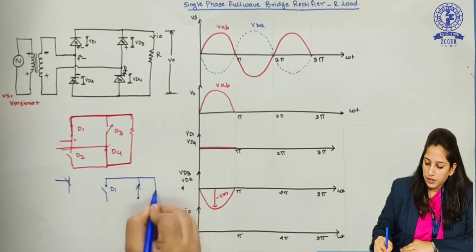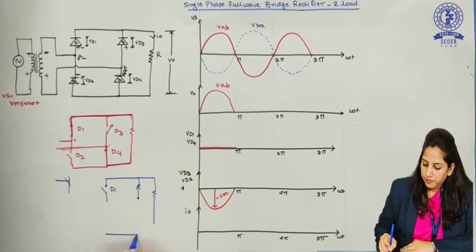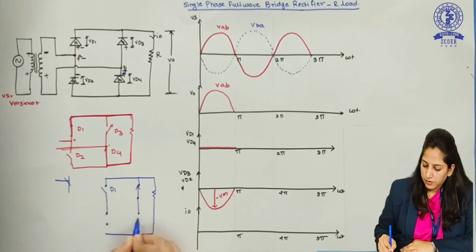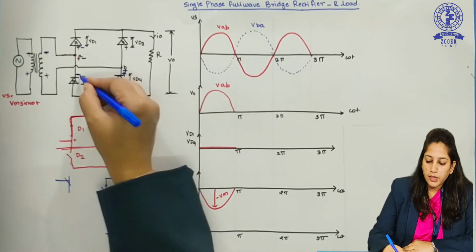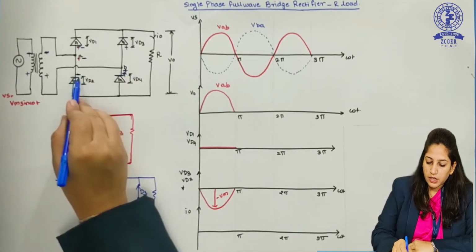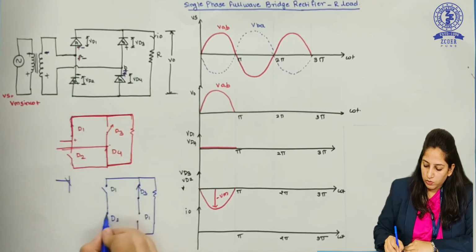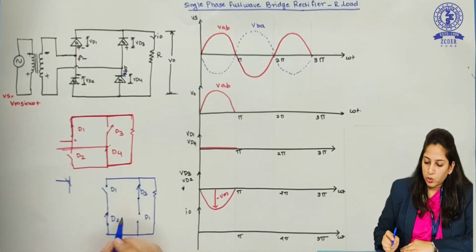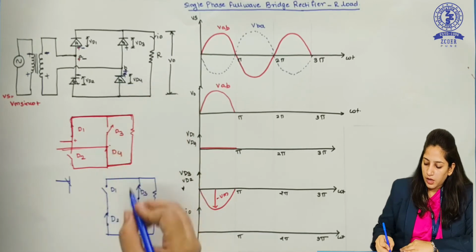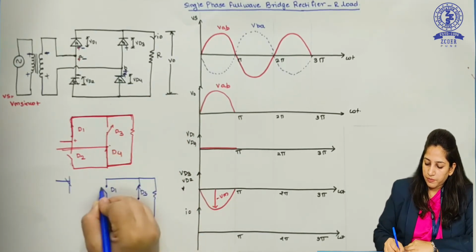From here the resistance is given. D2 is forward biased, with the negative terminal here and more positive here, so D2 will be conducting, acting like a closed switch. And D4 has its negative terminal more positive, so it is reverse biased and will remain open.